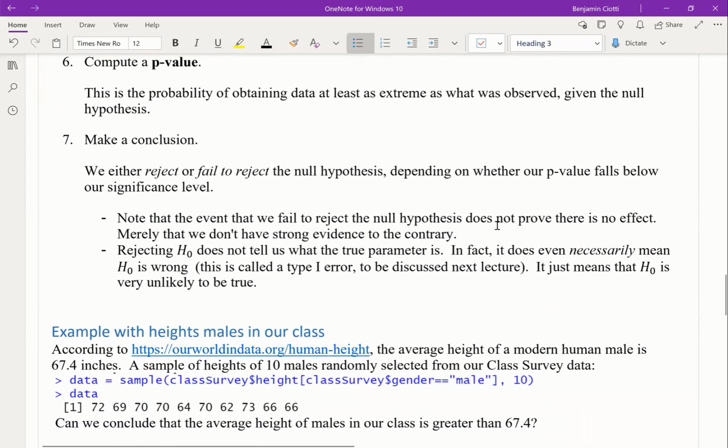Finally, you make a conclusion, which is that you either reject or fail to reject the null hypothesis. And this depends on whether the p-value falls below the significance level.